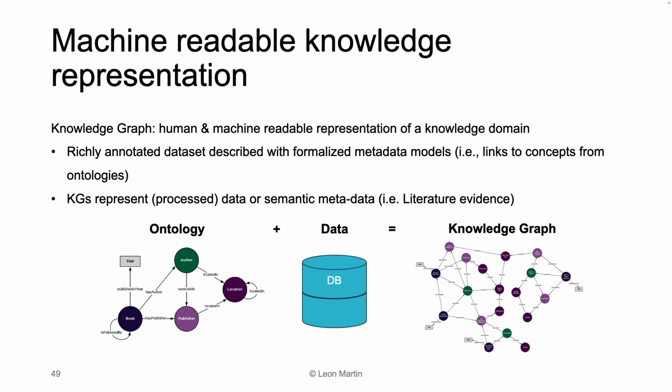So for example, if you have brain data and this is parcellated, then you can link your region of interest to a well-defined anatomical concept of the Uberon ontology, for example. And if you want to search data in the knowledge graph that is also about your region of interest, you can search for the concept, and you don't have to care about the parcellation.